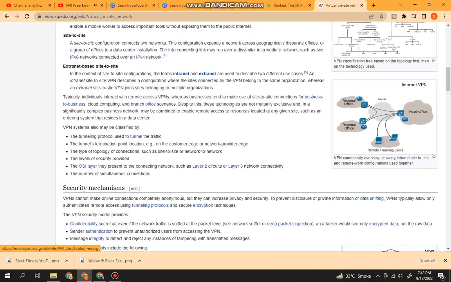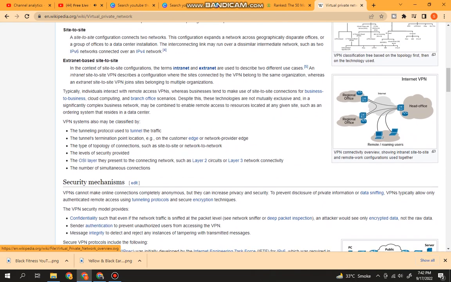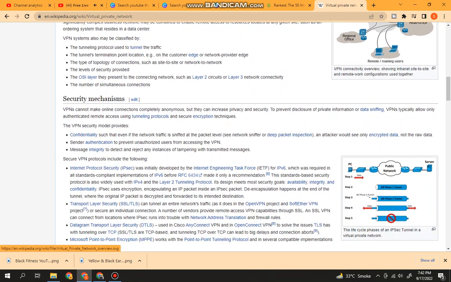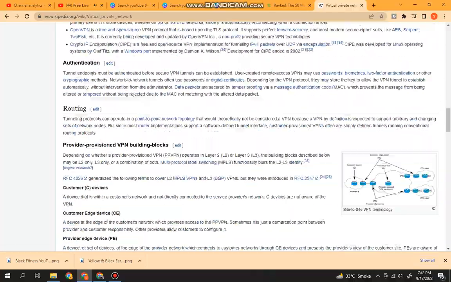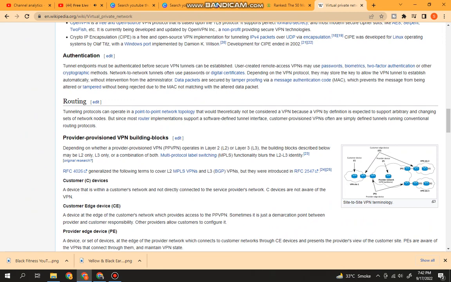So what is this SQL? First of all, the full form of SQL is Structured Query Language.